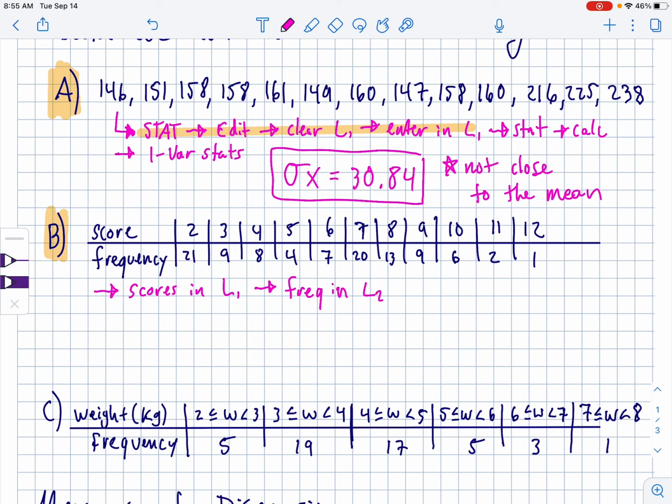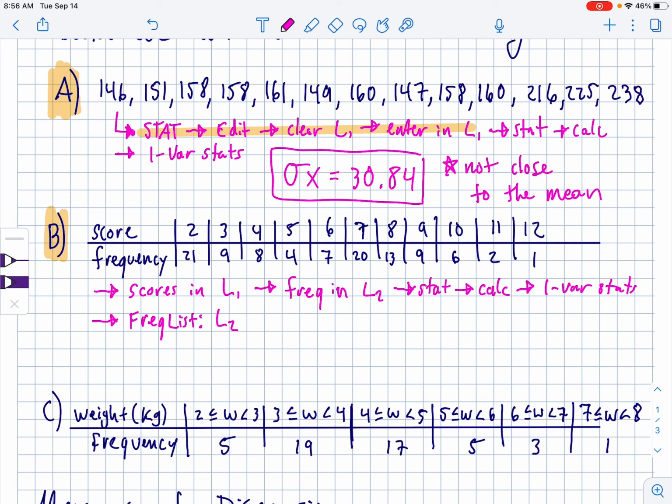Once you have the frequencies in L2, hit stat again, calc, and then 1-var stats again. But this time, make sure that L1 is the list and that the freq list says L2.